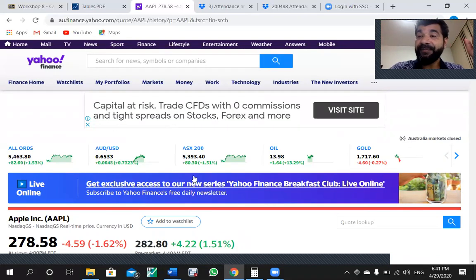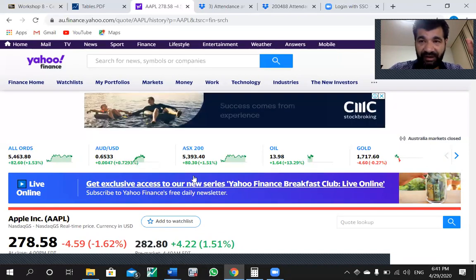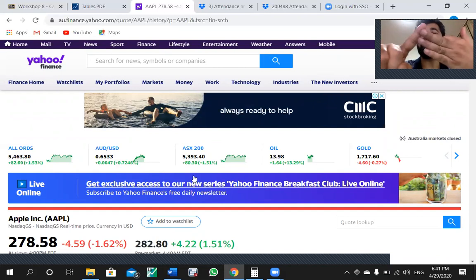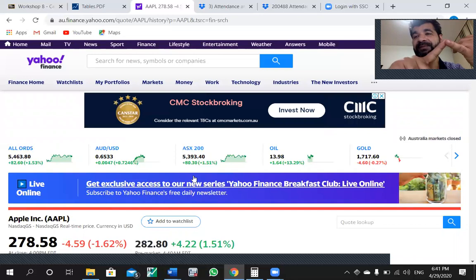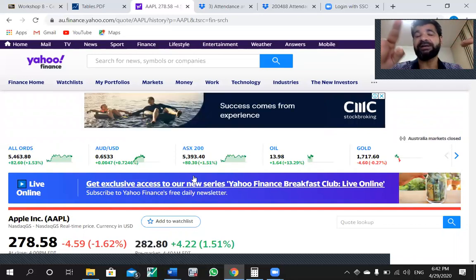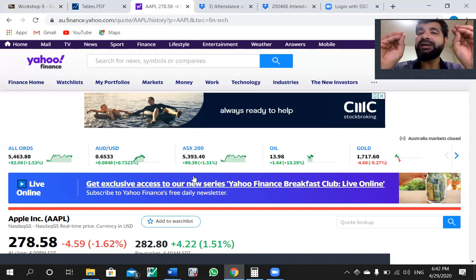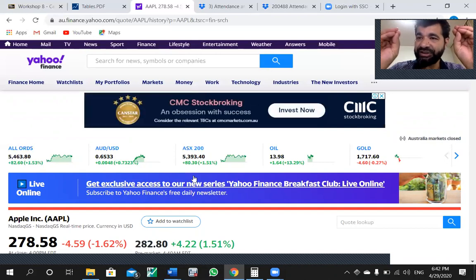So we have three different forms of market efficiency: weak form, semi-strong form, and strong form. Now, what is efficiency? It is when any information which might have an impact on the share price is reflected through the share price.